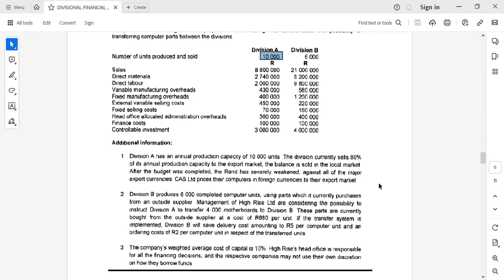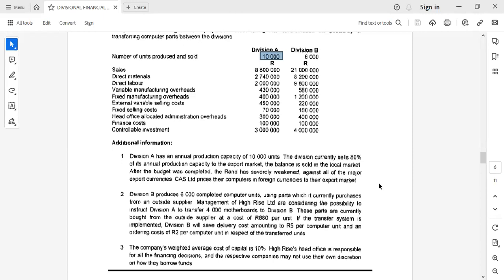All right, so they are selling externally, the rand is weakened. Then Division B produces 6,000 completed computer units using parts which it currently purchases from an outside supplier. Management of HiRise Limited are considering the possibility to instruct Division A to transfer 4,000 motherboards to Division B.